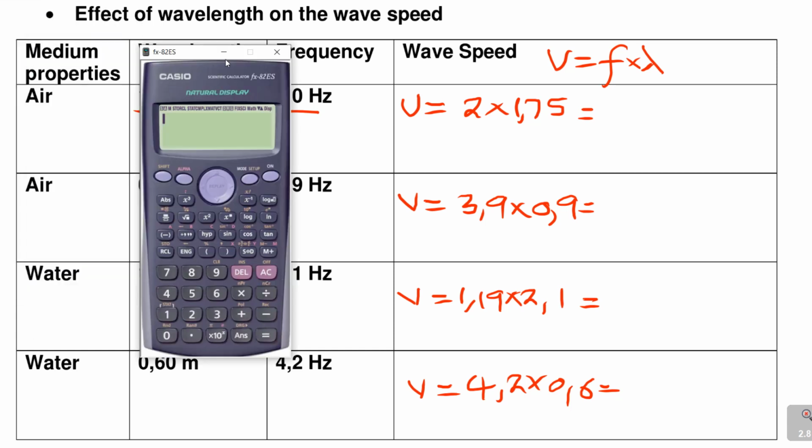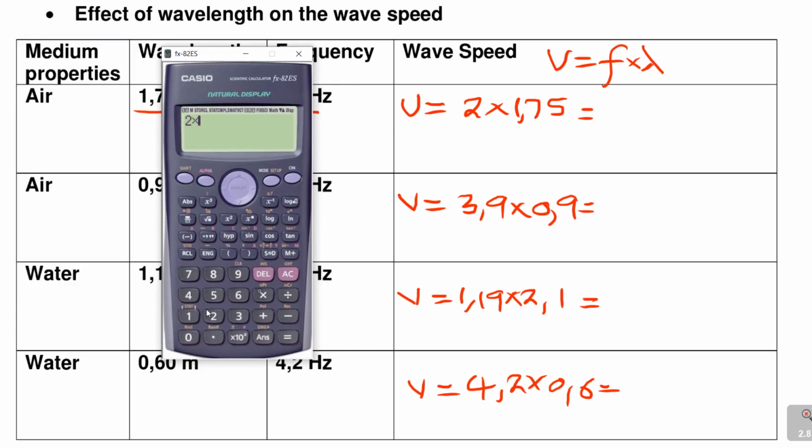First one, 2 times 1,75, what did you get? It's 3,5. Second one, 3,9 times 0,9 is 3,51, and if I round off again, it's 3,5. The other one, 1,19 times 2,1, I'm getting 2,499, which is 2,5.